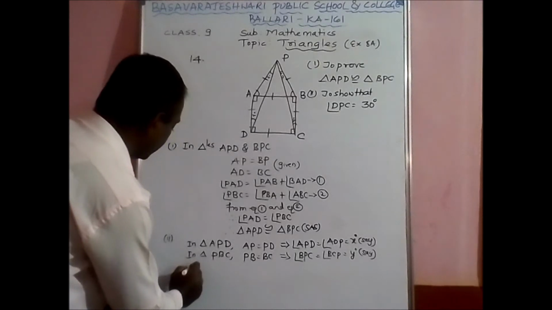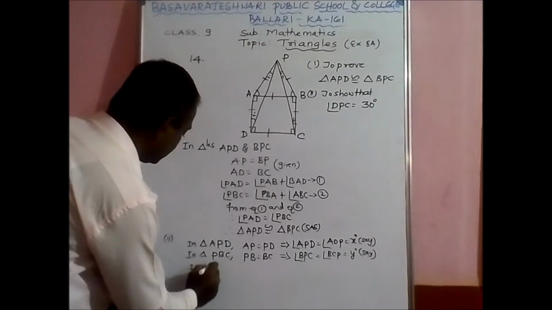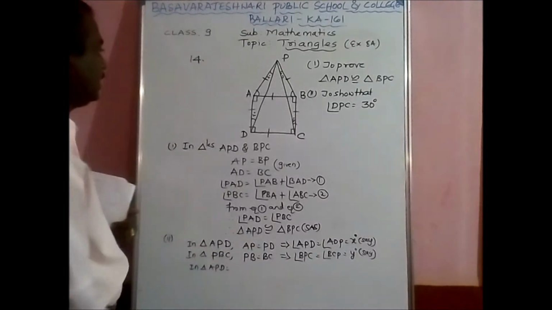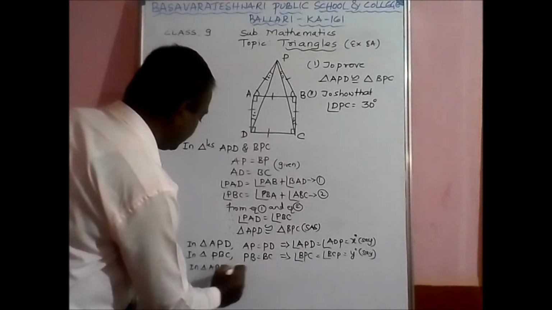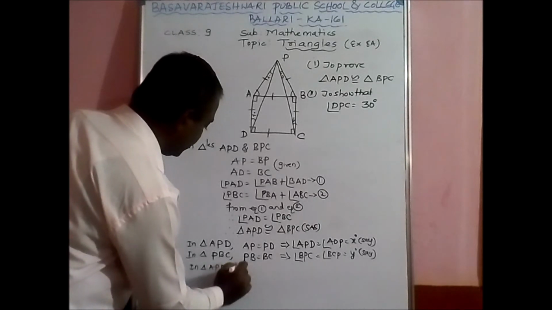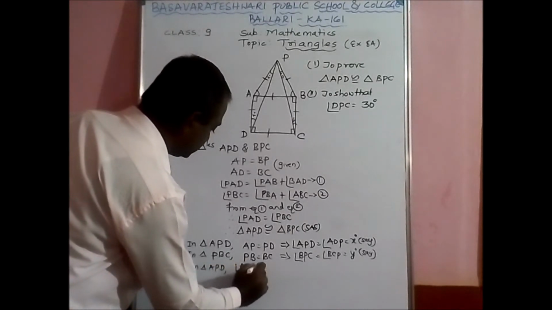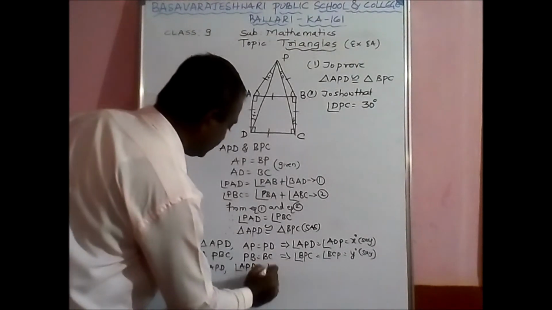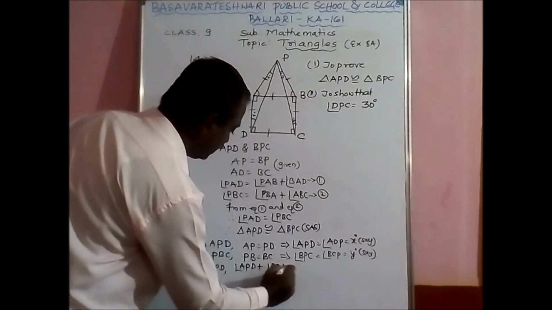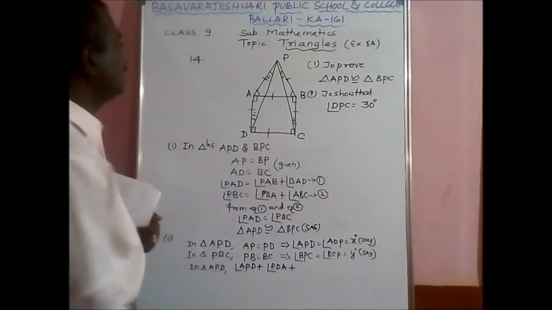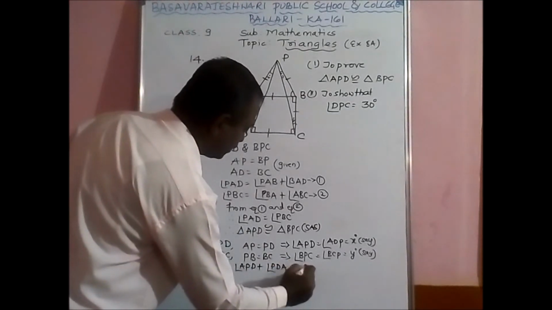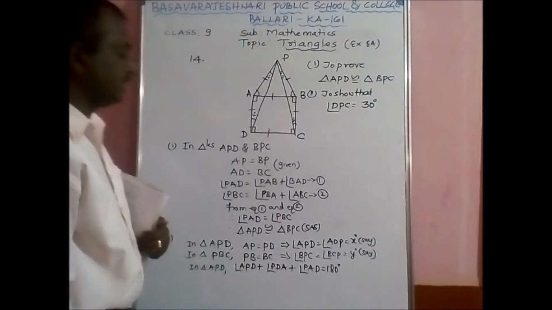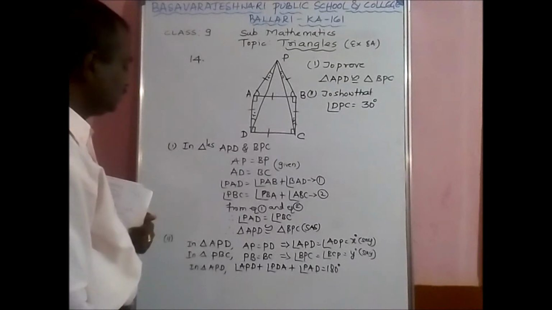Therefore, in triangle APD, angle APD plus angle PDA plus angle PAD is equal to 180 degrees, angle sum property. Substitute the values.